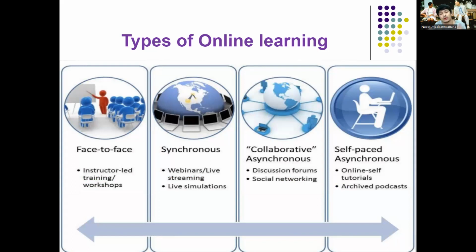The next one is what we call synchronous learning. I think it is what we have been doing, studying the class live via Zoom and Microsoft Teams and so on. The teaching and learning is happening at the same time, right? So the teacher has to be online and the students have to be online at the same time.